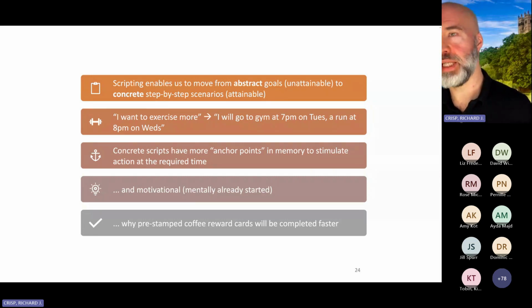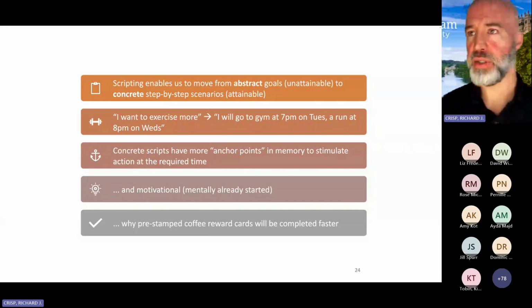They don't contain any behavioral information. If you want people to change their behavior, you've got to give them a concrete script. You can convince people that they should be recycling, saving energy, saving water, and that's great, but that's an abstract ideal. You've got to give them the steps to help them do that.